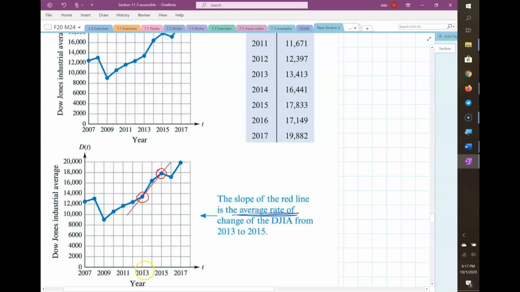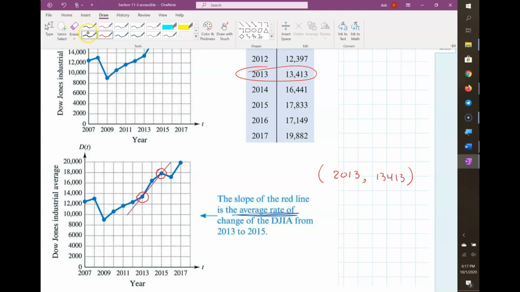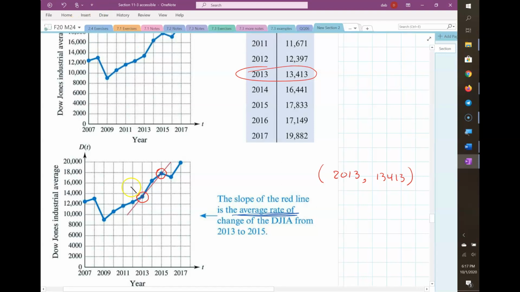So this graph, we're looking at these 2 points on the graph. The first point is at 2013, and here is the data table that tells us the actual Dow Jones Industrial Average number for 2013, the one that got plotted on this graph. Okay, then the second point that we're going to look at is 2015, and the Dow Jones Industrial Average in that year was 17,833.